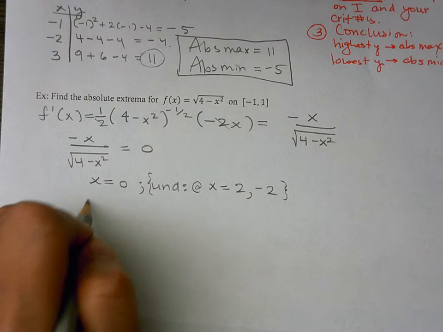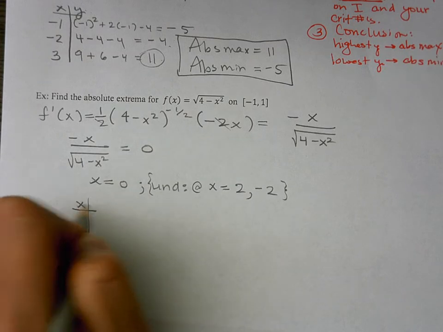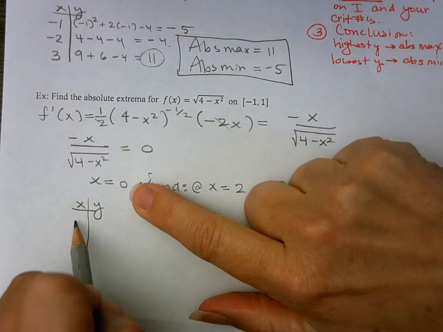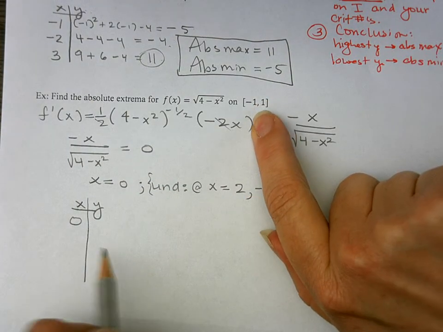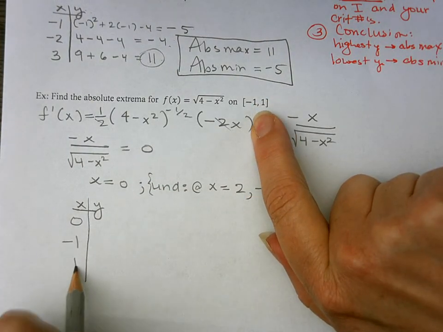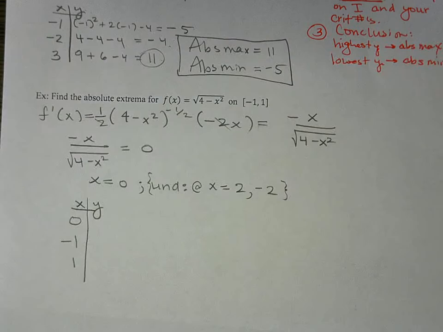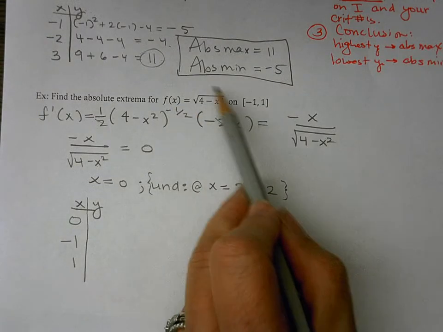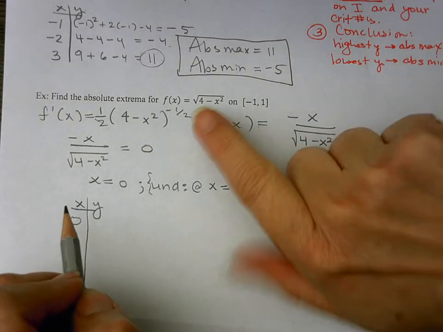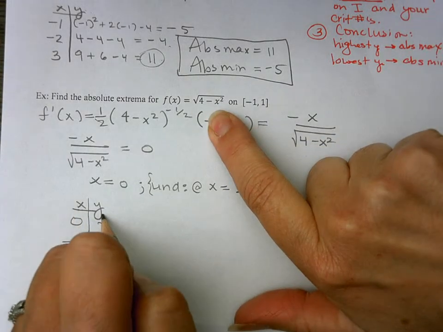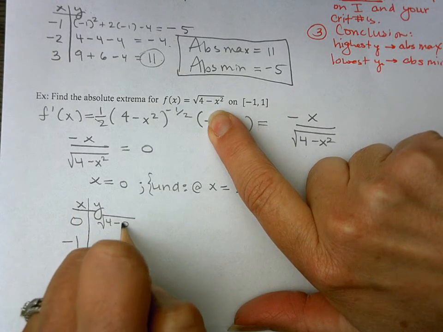So now step 2, I'm going to evaluate. And so I'm going to evaluate my critical number 0. Don't need to do these because they're outside my interval. And then the endpoints of my interval. And then again, when I say evaluate, it means to go into the original function, f of x, because we want to find y. So we're going to replace x with 0. So that would be the square root of 4 minus 0 squared, which is still just 0.